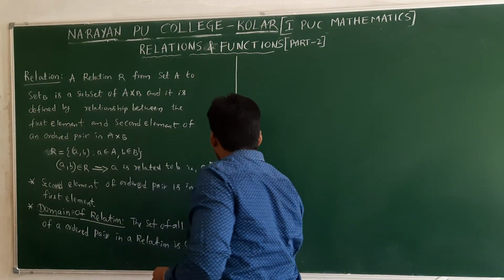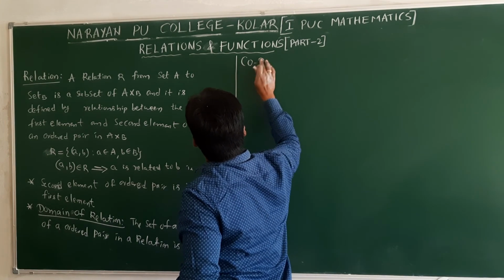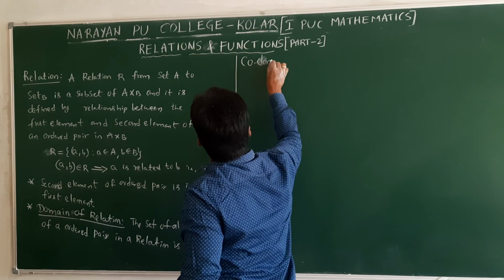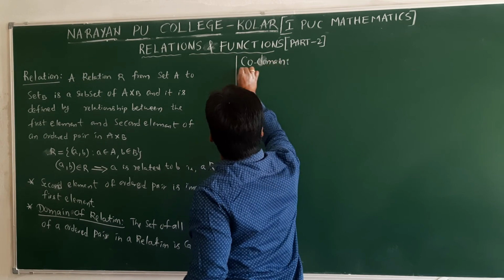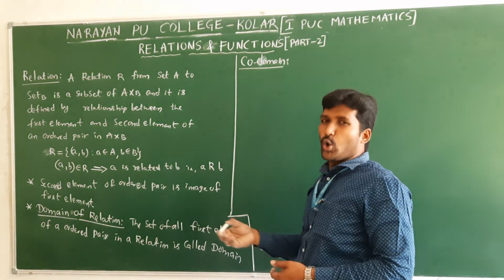Next, what is meant by codomain? The complete set B is called the codomain.